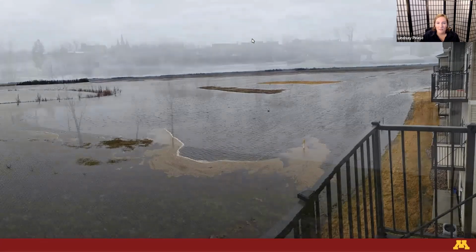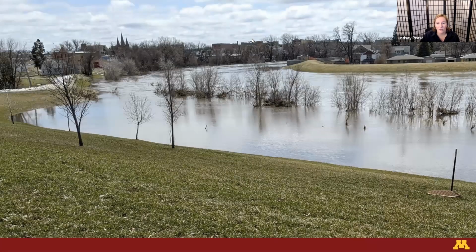this spring. And some of that is because the soils are still frozen at this time of the year. So there isn't a lot of absorption of water into the soil profile and down to the water table. This is in Crookston, just down the street from my house, where we have a lot of levees to handle this water in the waterways.